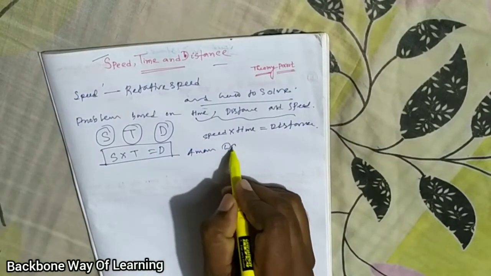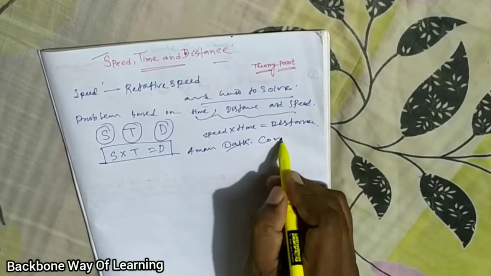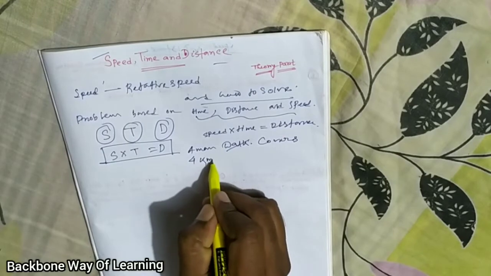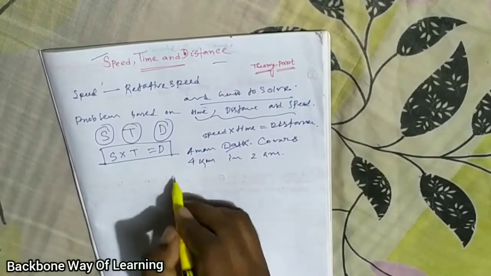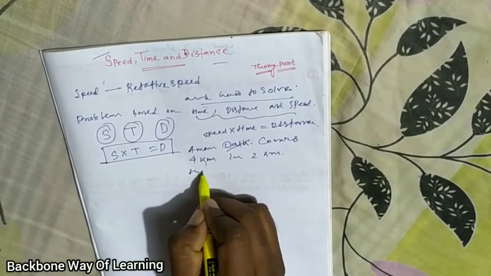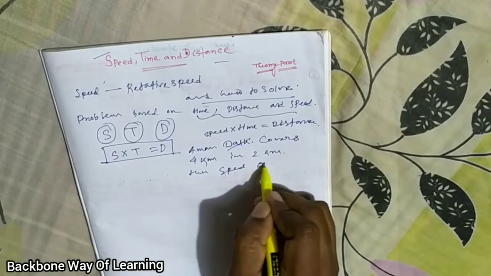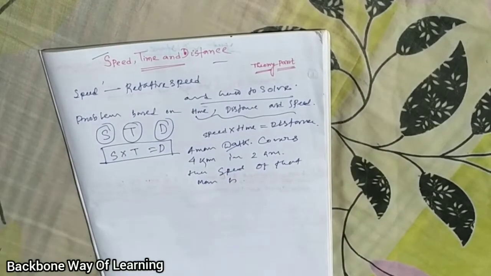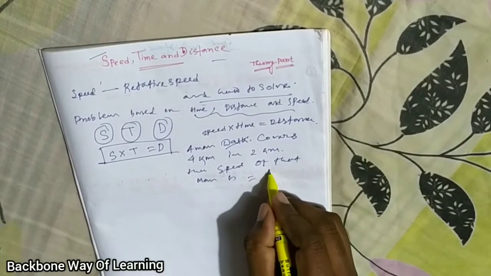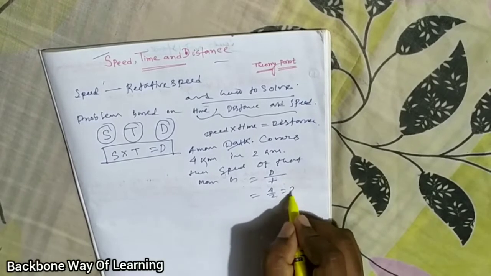As an example, a man covered 4 kilometers in just 2 hours. Then the speed of the man is equal to D by T, D for 4 and T for 2, is equal to 2 km per hour.